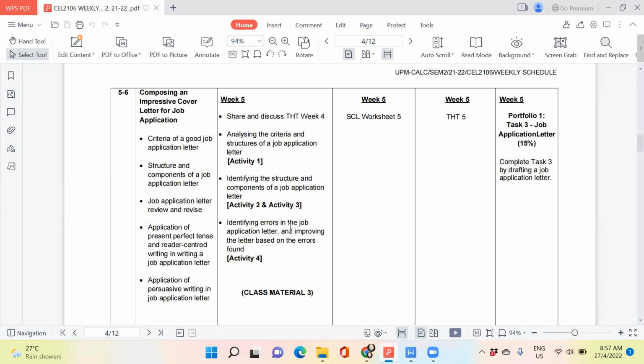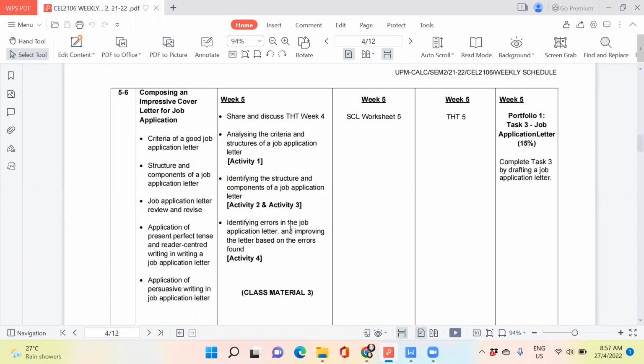And take note that each cover letter is different. You cannot send a generalized cover letter to all of the companies that you are applying to, because each cover letter has to be customized to fit the job that you are applying for.